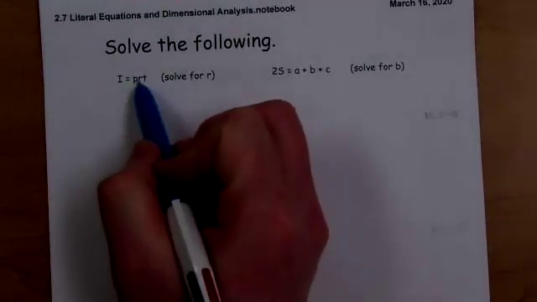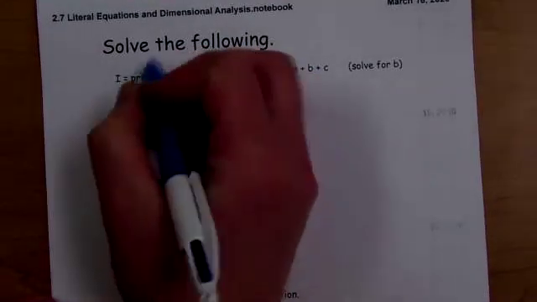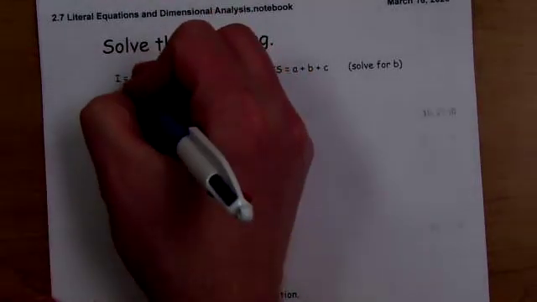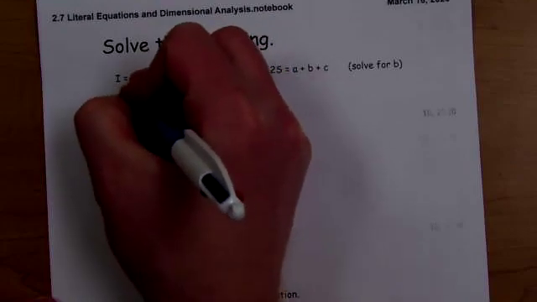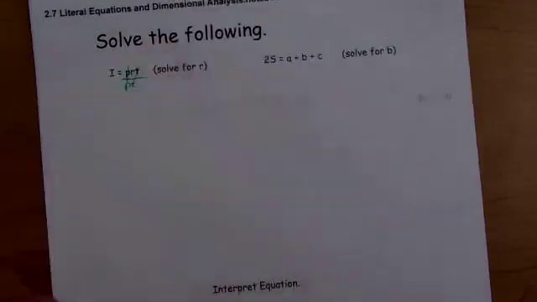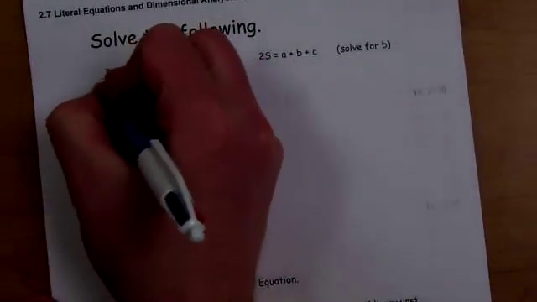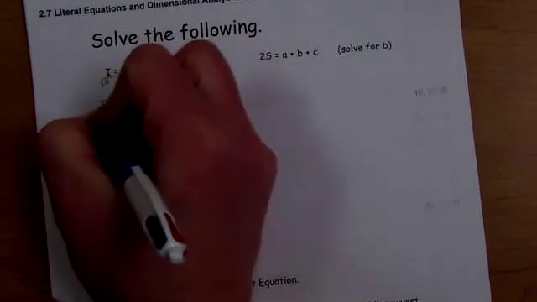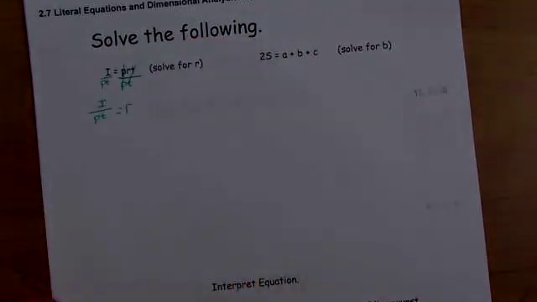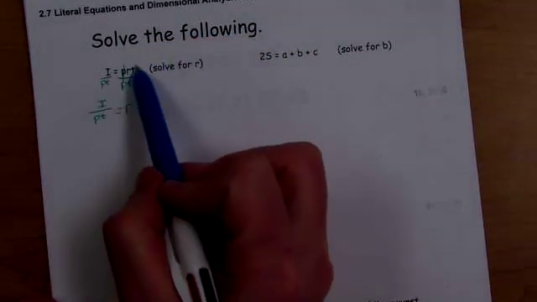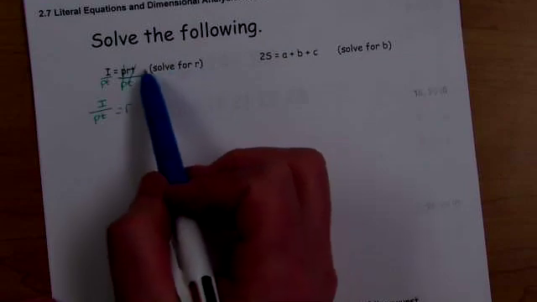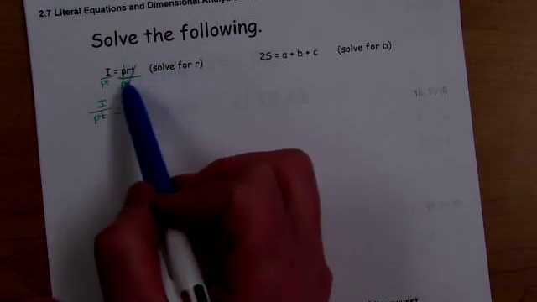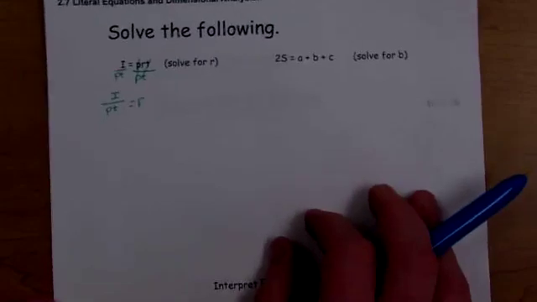Well, if I want to get r by itself and everything else is being multiplied by it, what's really cool about this, doesn't matter order, to get rid of the other variables, I would just divide by those variables, p and t, because those go away, divide by p and t over here, leaving me with r equals I over p and t. So when we see something where there's a whole bunch of variables being multiplied by each other and you're solving for one of the variables, just divide by all the other variables.